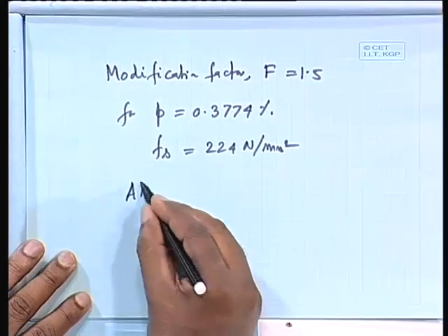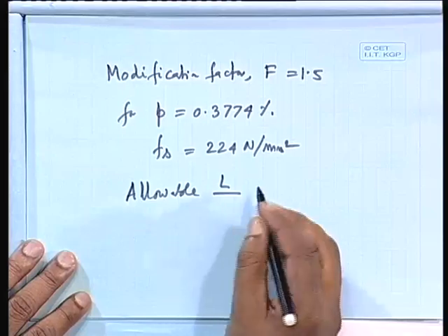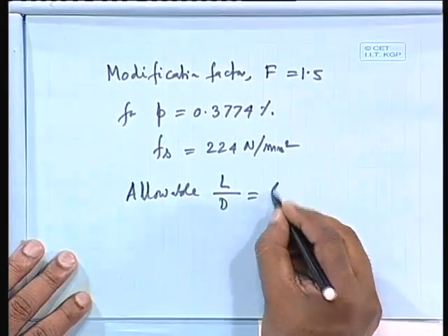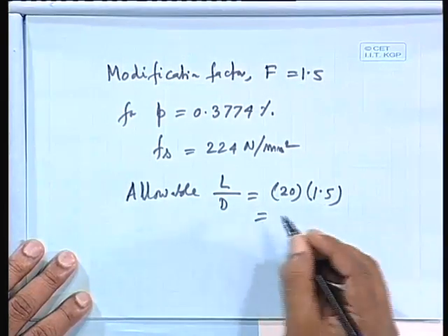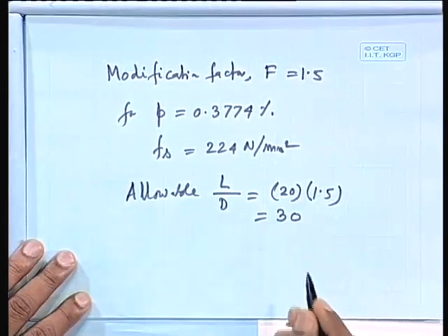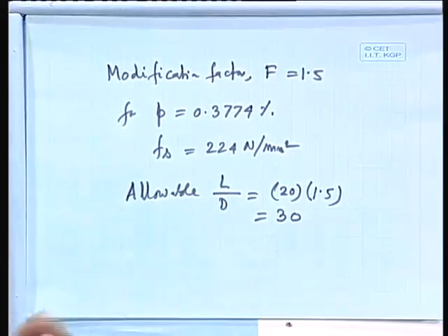So, allowable L by D equal to 20 times 1.5 equals 30. There is a case here that you will find there is one discrepancy.